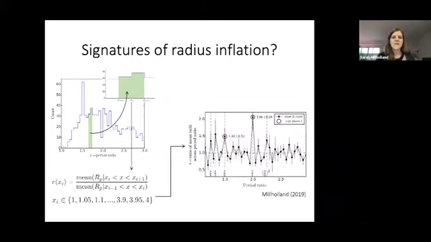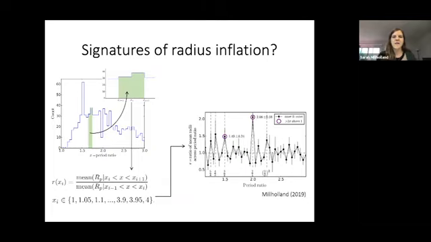Here is the result of that calculation, where on the y-axis is the ratio of the mean planet radii across a given period ratio bin, plotted as a function of the period ratio. The purple circles indicate all spots where this ratio is greater than 2 sigma enhanced over unity.